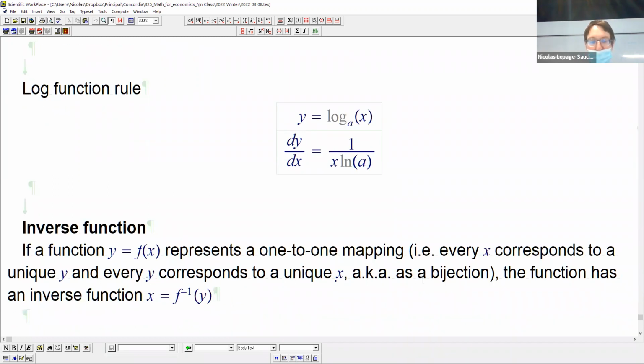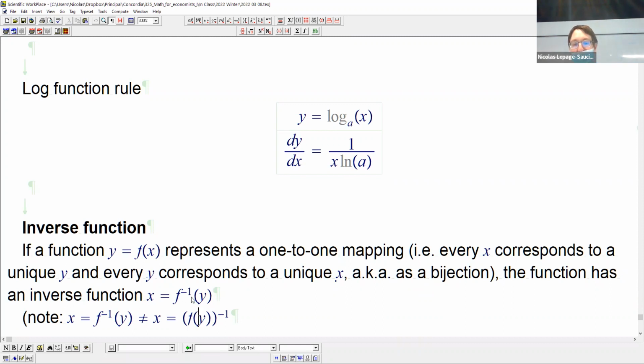And note, of course, it's not the same thing as f of y minus 1, because we don't even know if f can be applied to y anyways. So these are two completely different things.